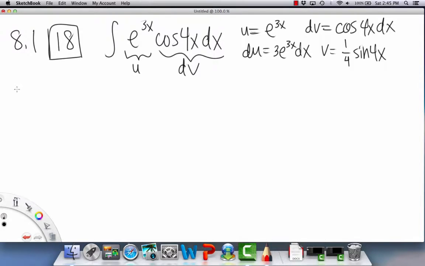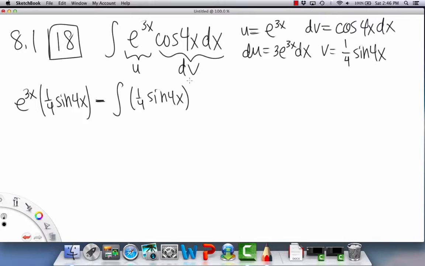Alright, so plugging it into the formula, we're going to get e to the 3x times 1 over 4 sine 4x, and then minus the integral of v du. So v is 1/4 sine 4x, and du is 3e to the 3x dx.